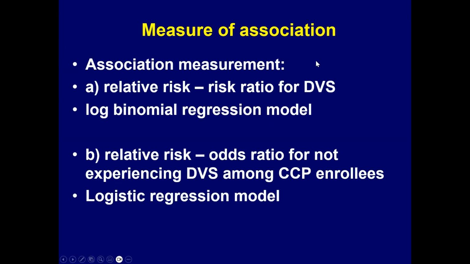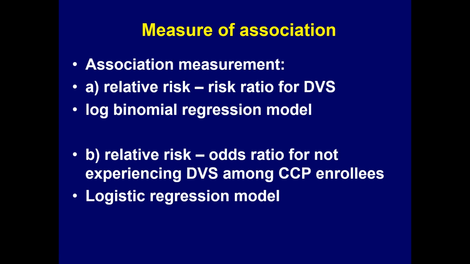And the major association measures: in this analysis, we're aiming to assess the effectiveness of a policy or program on certain outcomes, so this is like a causal effect. We want to measure if there's any association.